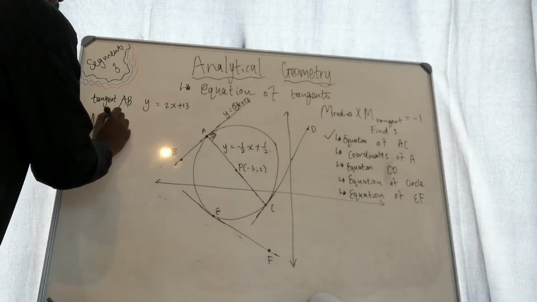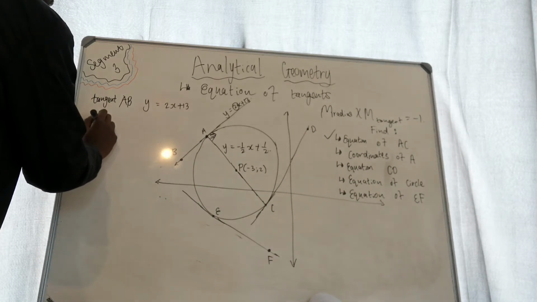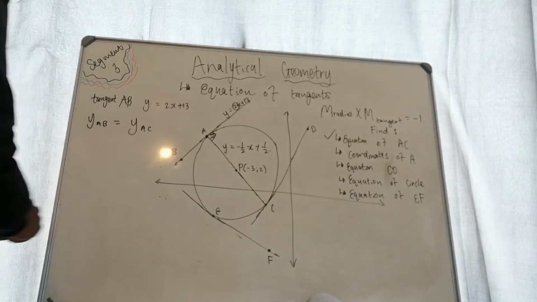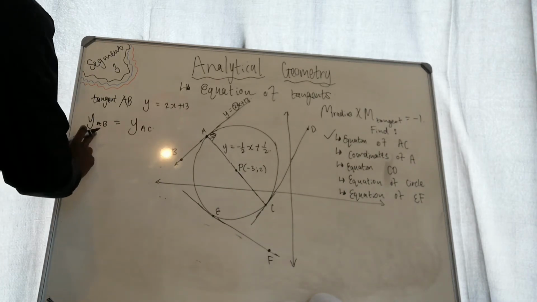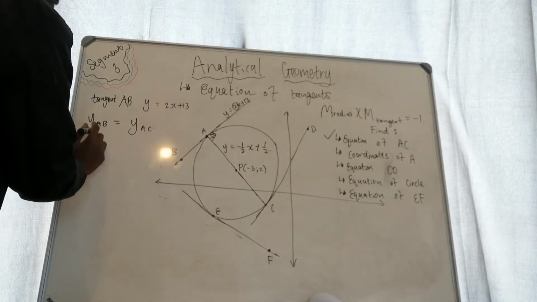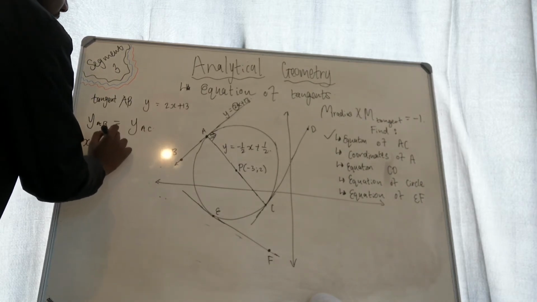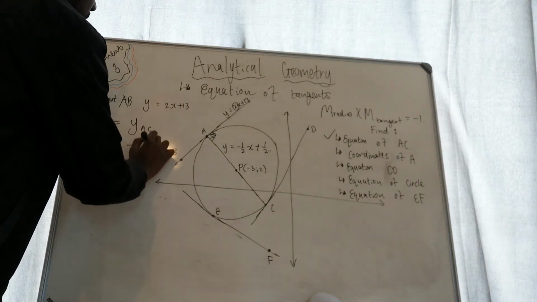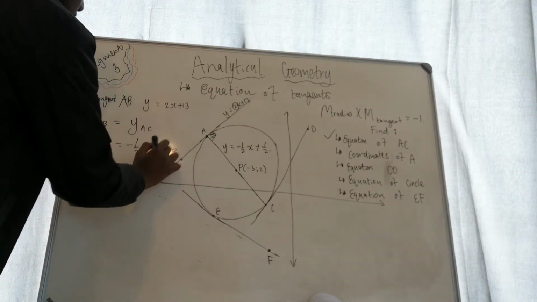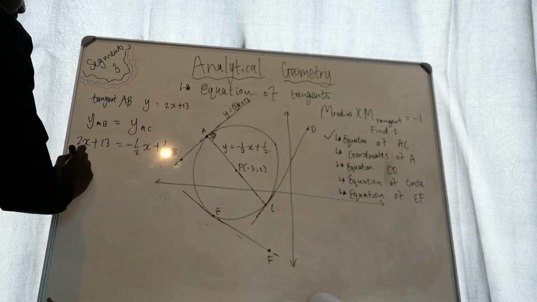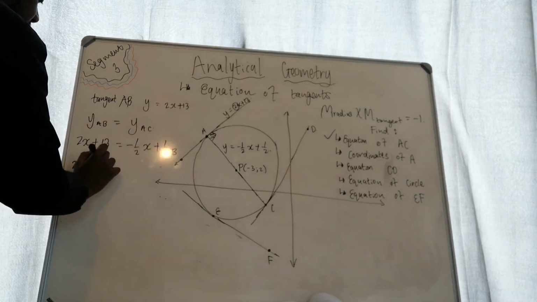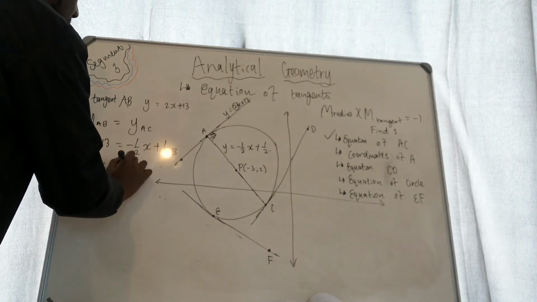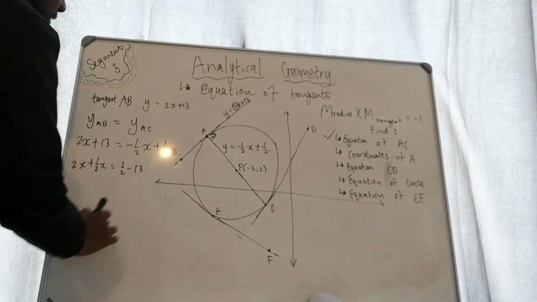I'm going to say y of AB is equal to y of AC, right? So what am I going to substitute? The left hand side, that's the one I'm interested in. I'm going to solve for x first. If I take this to the other side, I get 2x plus a half x. Take this to the other side, I get a half minus 13.